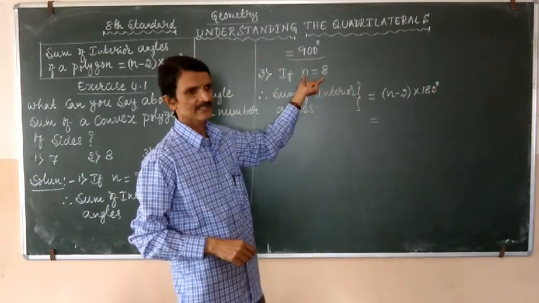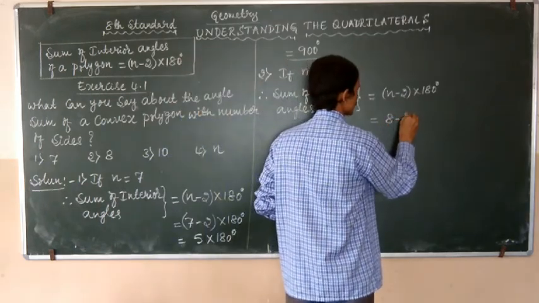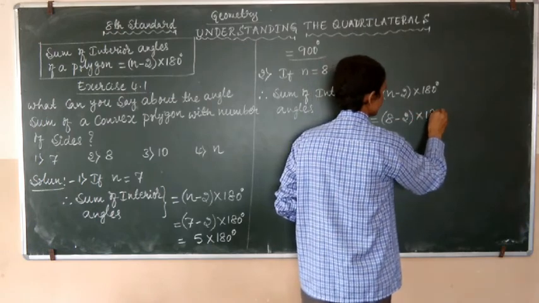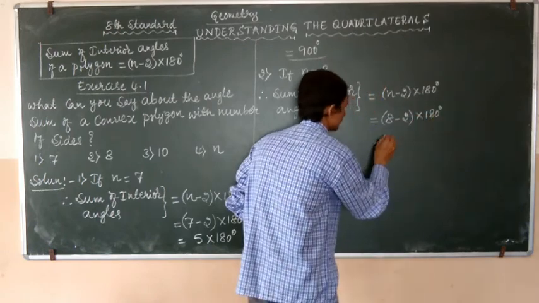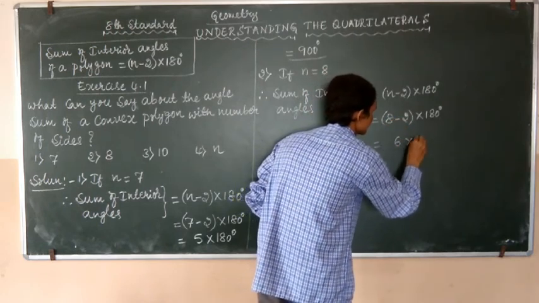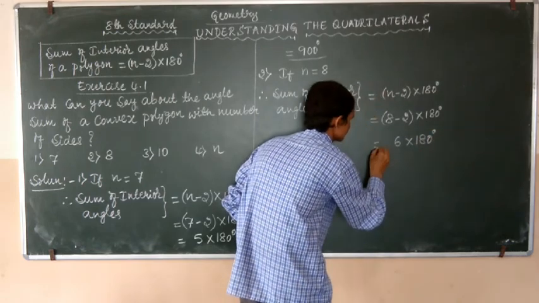Substitute n equals 8: (8 minus 2) into 180 degrees. 8 minus 2 is 6, so 6 into 180 degrees.